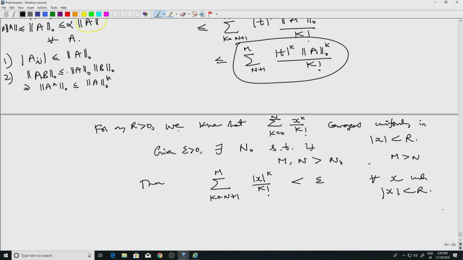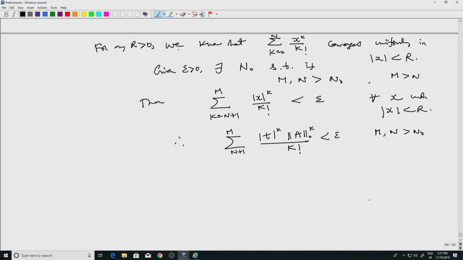So we know that this thing here is less than epsilon, for any m and n bigger than n naught, and for all t with modulus of t times norm a less than r, that is, mod t less than r by norm a.